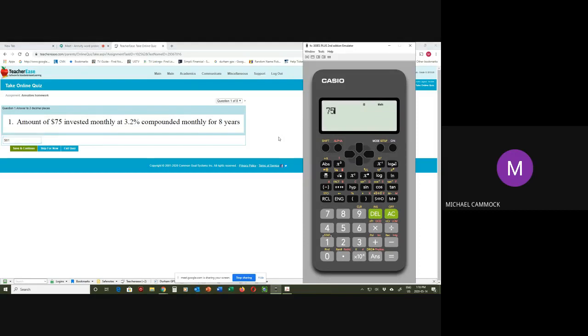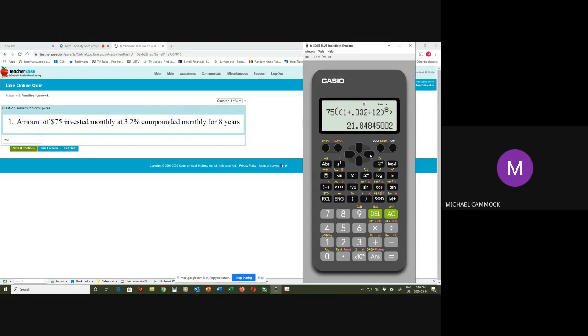Okay, so 75, bracket, two brackets, 1 plus 0.032 divided by 12. Close that bracket. Raise that to the power of 8 times 12, and then go over 1 using this key here, minus 1. Close that bracket.